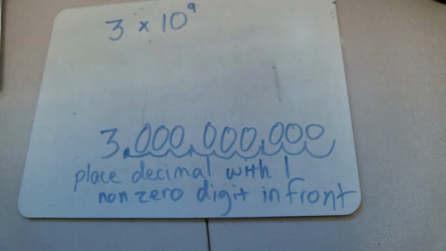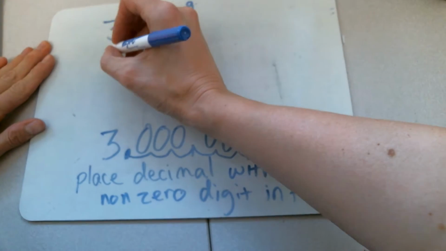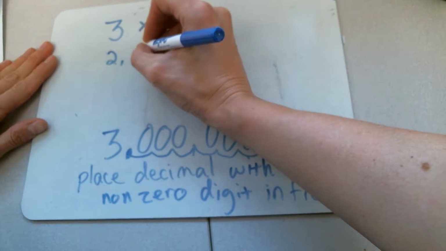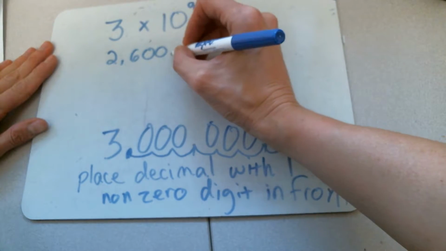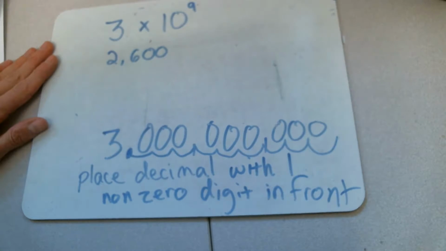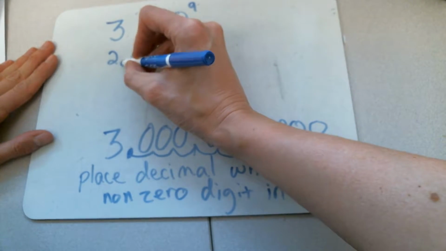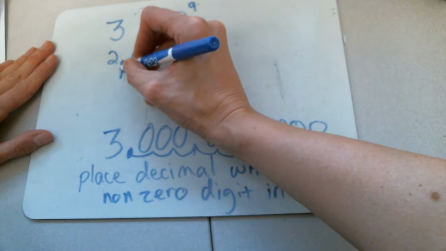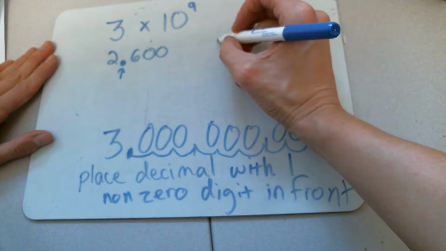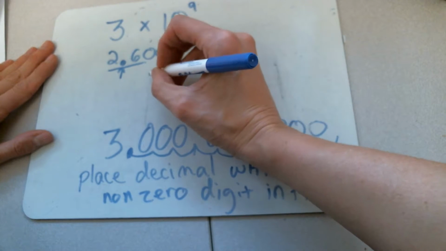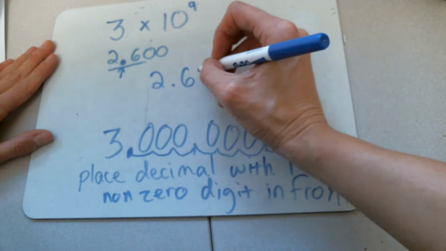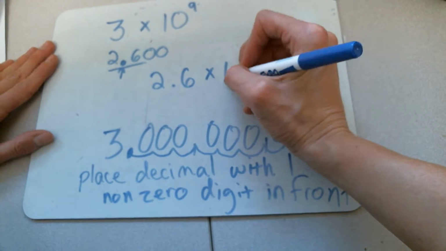Okay, let's try another one. Let's try this number. If I have 2,600, okay, I'm going to put my decimal so that there's 1 digit in front of it. So that's where I'm going to put my decimal for the scientific notation. So then I copy this first part, 2.6, and I put times 10.